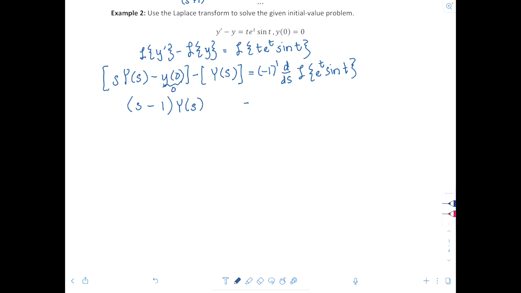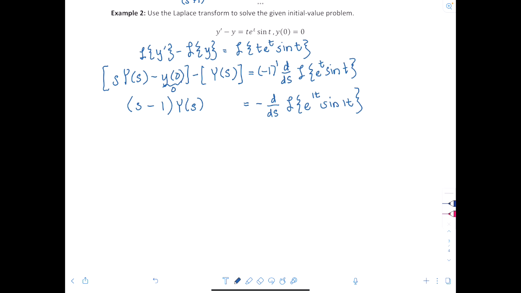So this is all equal to negative d/ds of our Laplace transform of e to the 1t times sine at 1t, which we can view as a Laplace transform shifted by a to the right.